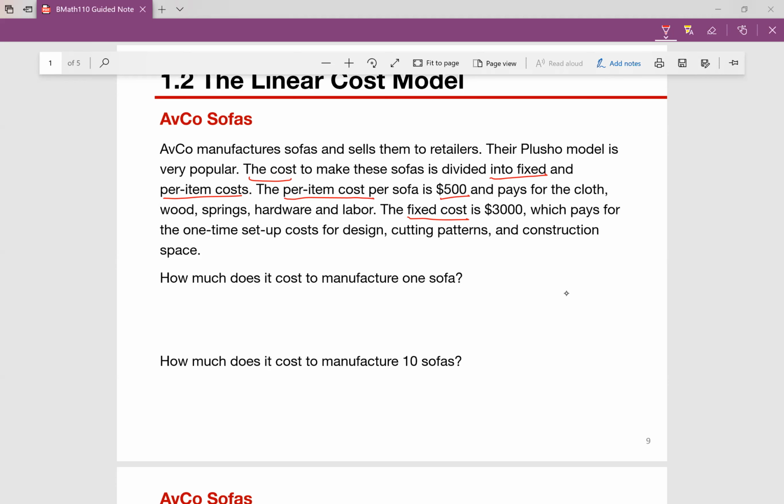So the question in here is how much does it cost to manufacture one sofa?